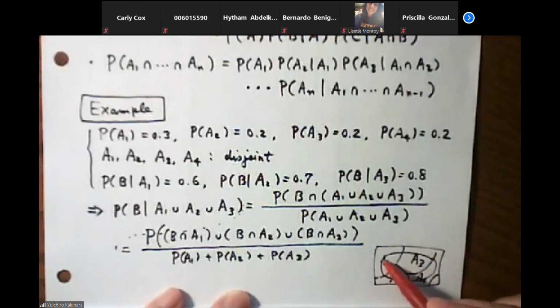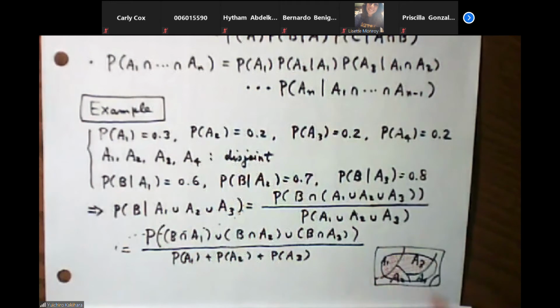This is the portion we're considering: the union of A1, A2, A3, and then B. The common part is divided into this part, this part, and this part. So A1 intersection B, A2 intersection B, A3 intersection B. These three parts are obviously disjoint.